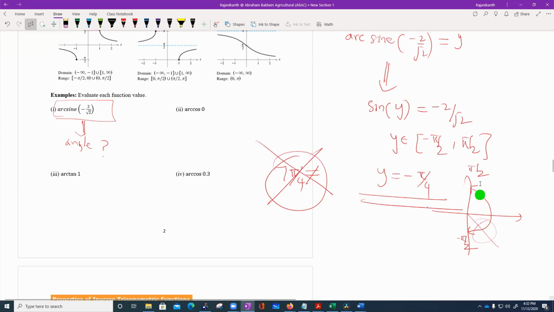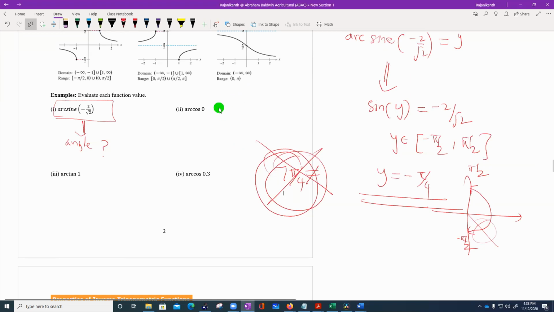Our range is pi over 2 to negative pi over 2, so look for the answer within this range. This value is out of this range. That's why we restrict our range, to avoid these kinds of things. You will always find only one answer whose sine value is negative 2 over root 2, which is negative pi over 4.